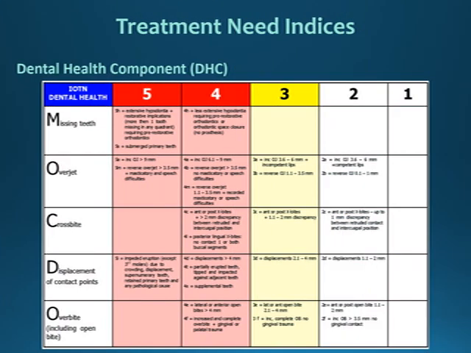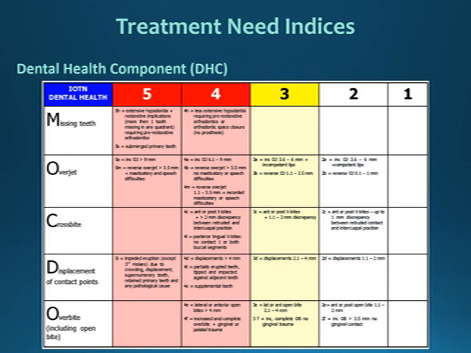This table is used to describe the 5 occlusal features of the dental health component. You can see there is a priority for grade 4 and grade 5 because there is a great and very great need for treatment according to these grades. So, when the patient comes for diagnosis, we can start with the missing teeth.